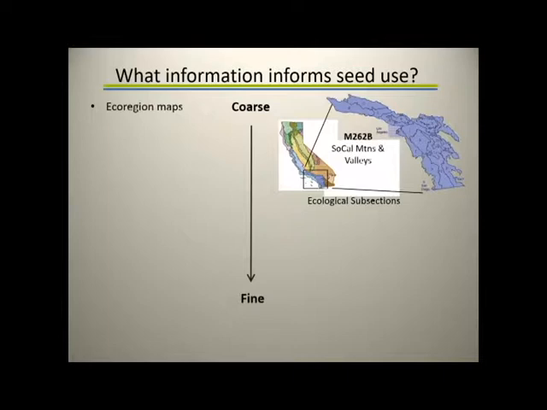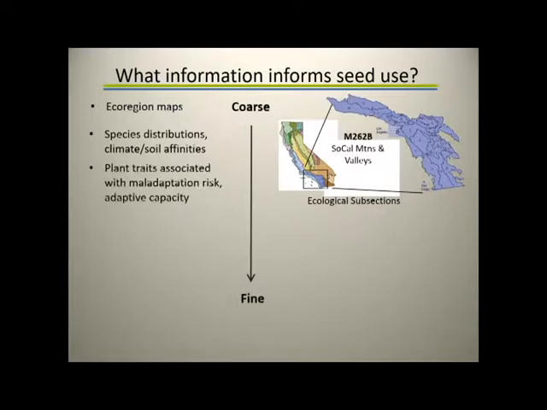We can look at species distributions and relate where they occur across the landscape in terms of their environmental requirements and soil, different kinds of climate and soil affinities.